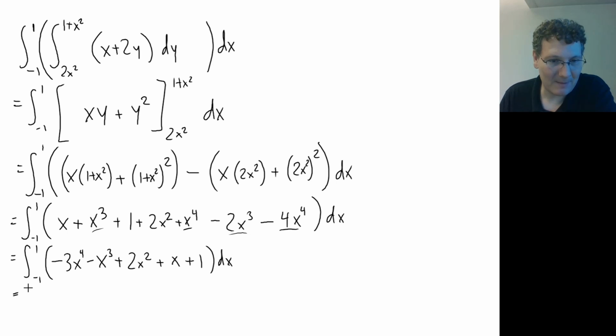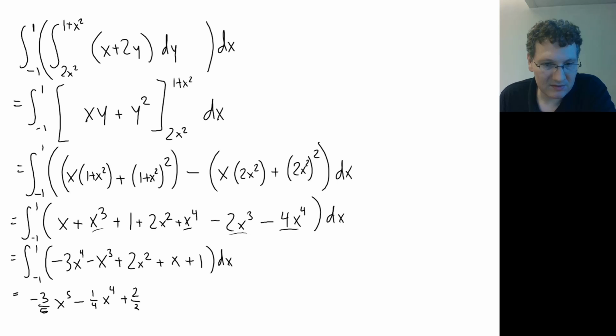We're going to get negative 3/5 x to the fifth minus 1/4 x to the fourth plus 2/3 x to the third plus 1/2 x squared plus x, and we're going to go from -1 up to 1.